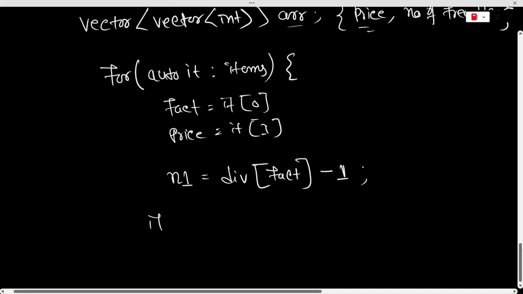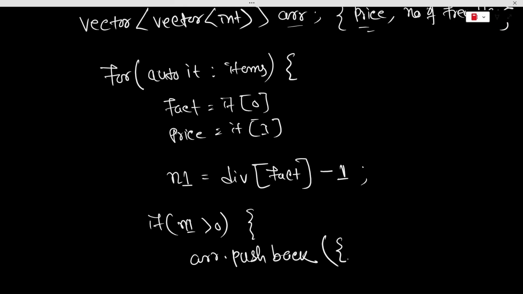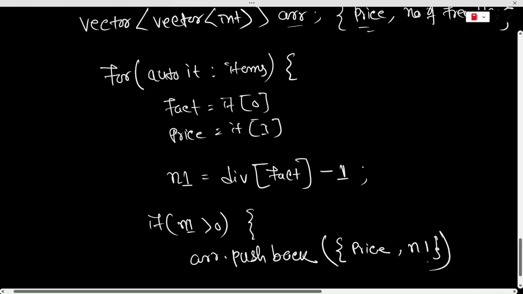So if our n1 is greater than 0 only, then we will push it here, the push back as a pair of our price and n1, right?